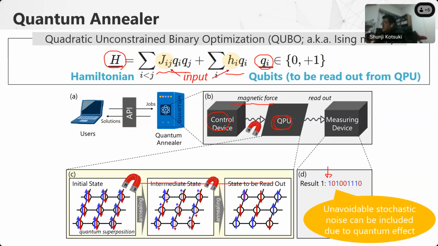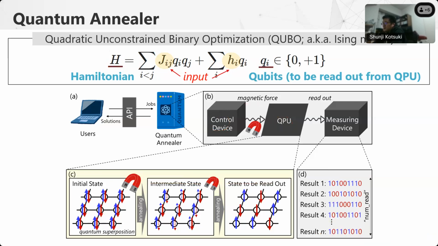But here we need to know about quantum noise. Because of the quantum effect, we usually suffer from unavoidable stochastic noise. Therefore, we usually run quantum annealing several times, and the number of annealing runs is defined by num_reads, a tunable parameter.